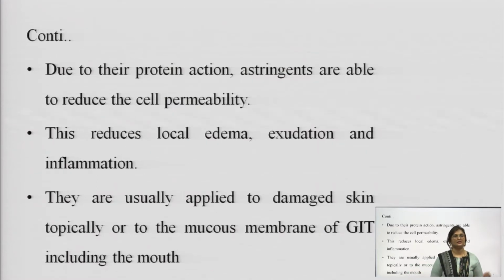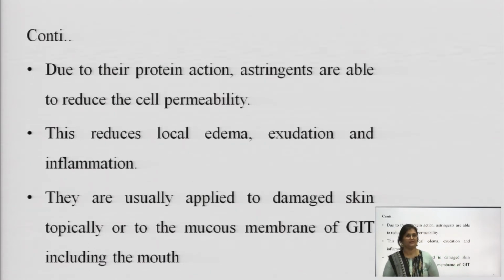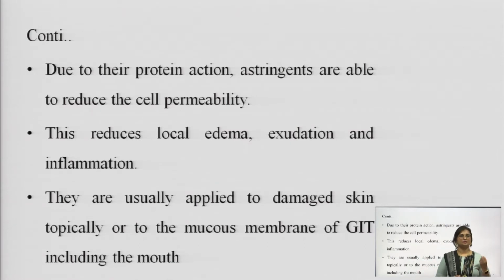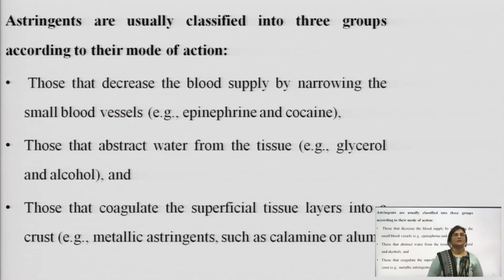As we already said, astringents are used as a protective layer, hence they are applied to damaged skin topically, that is, to the mucous membrane or the GIT or the internal membrane of the mouth as well, or the oral cavity.